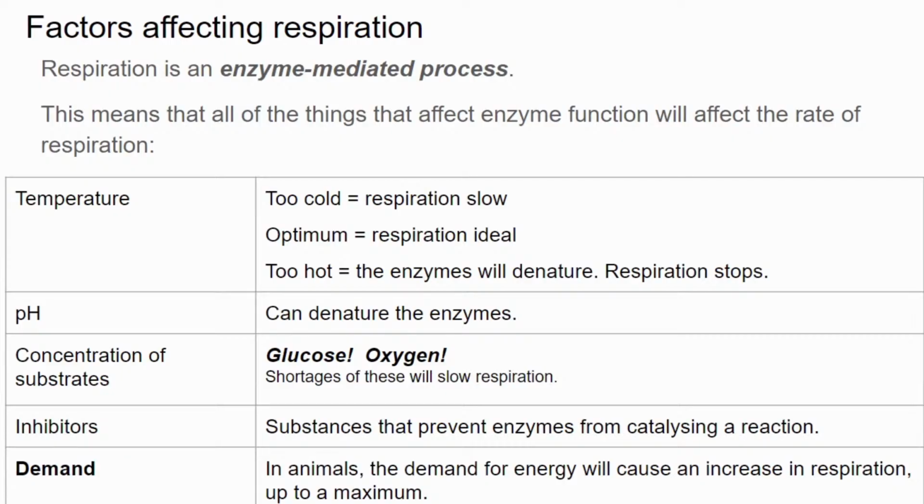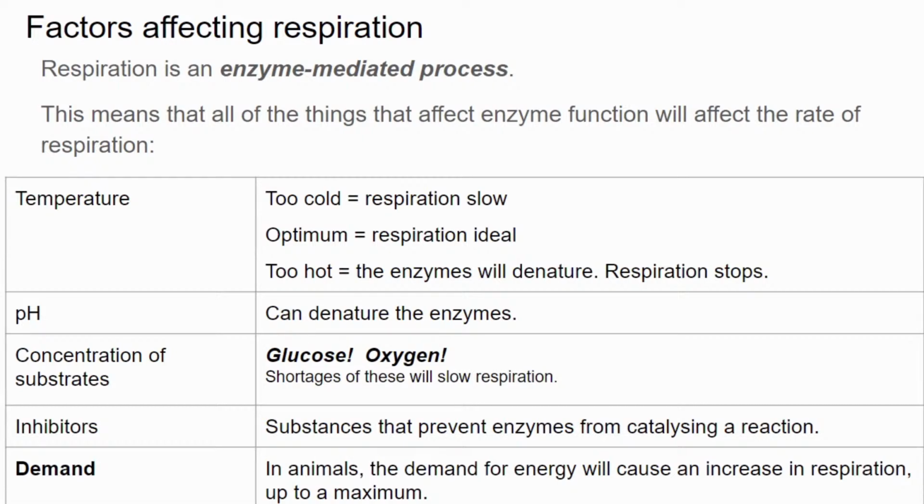Inhibitors, there are inhibitors that prevent enzymes involved in respiration, so this would affect the reaction. But also crucially is demand. So the demand for energy. If animals are undergoing activities that require a lot of energy, so they have a very high demand for energy, such as running or flying, this will cause an increase in respiration in their cells.